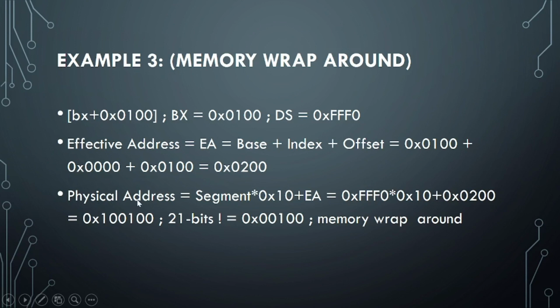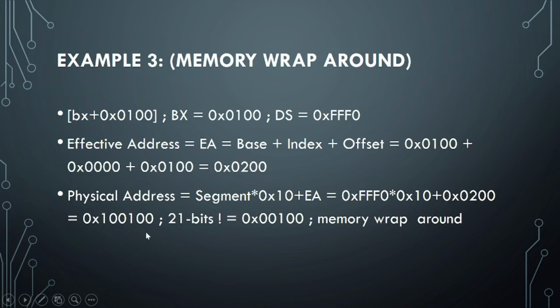Now let's calculate the physical address. The data segment is multiplied by 0x10 and added to the effective address, that is 0x0200, which results in 0x100100, which is 6 nibbles.